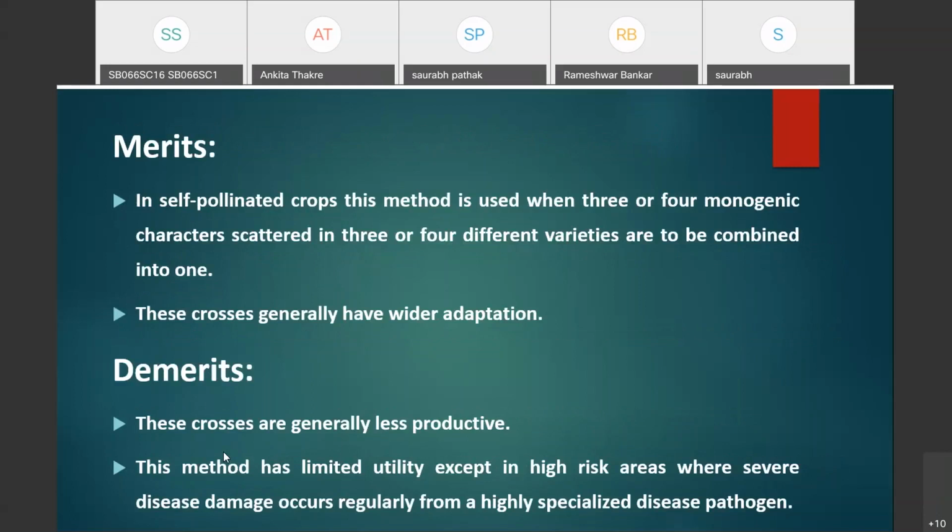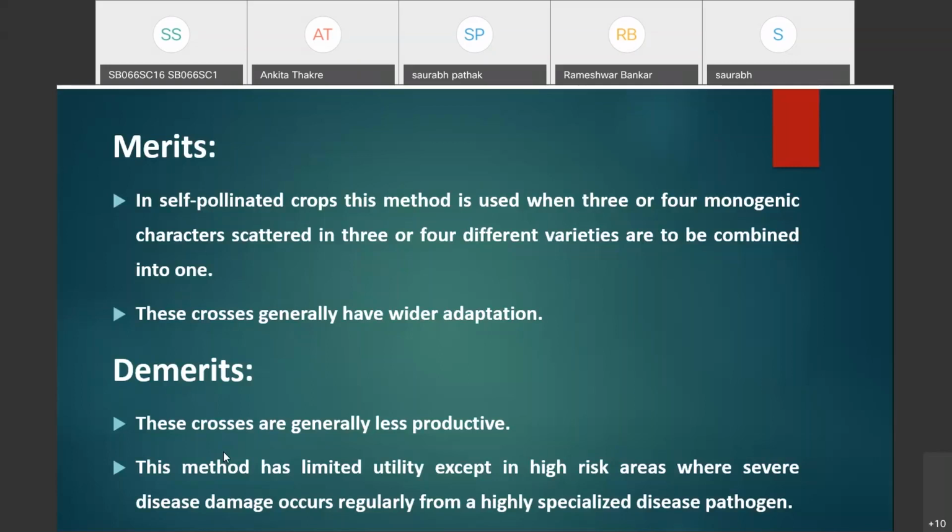In self-pollinated crops, this method is used when three or four monogenic characters are scattered in three or four different varieties, and these characters are to be combined into a single variety.